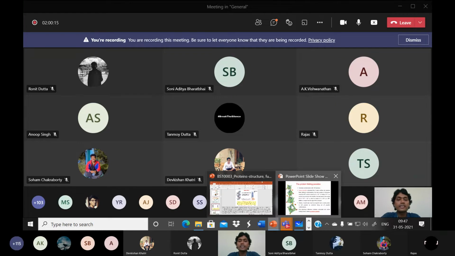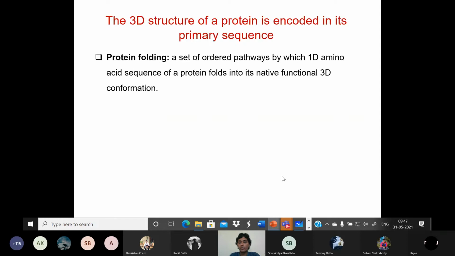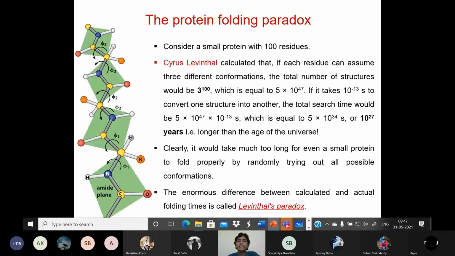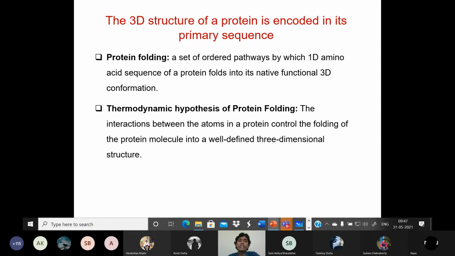Here let us discuss how protein folds. The 3D structure of a protein is encoded in its primary structure. Protein folding is how this primary structure, the one-dimensional amino acid sequence of a protein, folds into its native three-dimensional conformation, as I told you before.